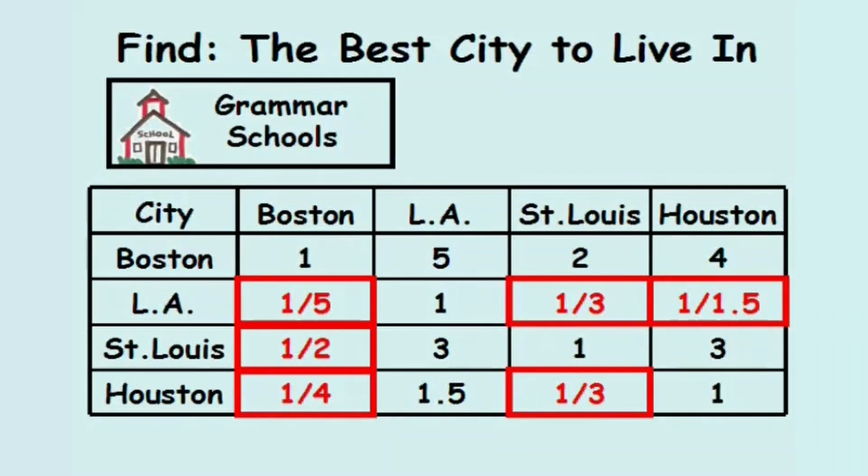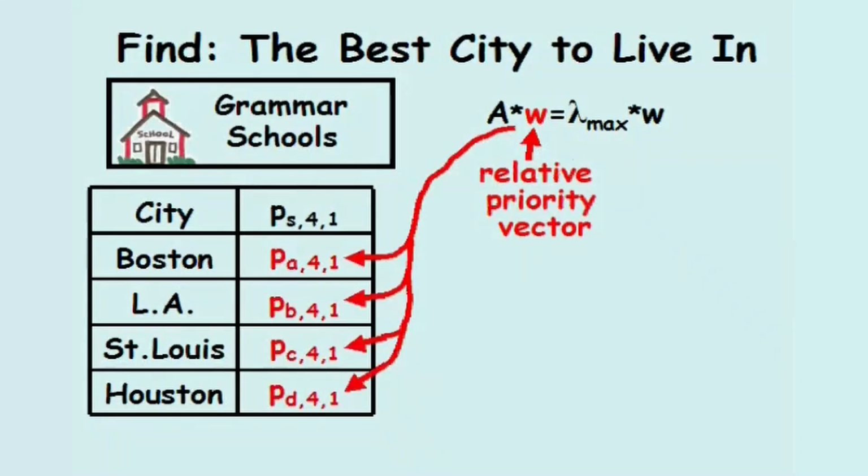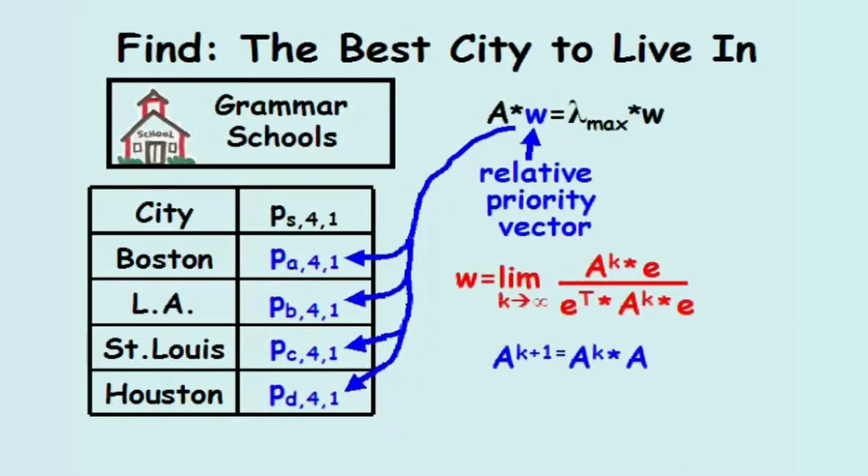Next, we'll determine the relative priorities for grammar schools. Instead of calling W the weight vector, we'll call it the relative priority vector. This vector, W, can be solved using the same method as we used to find the weights for each criterion.